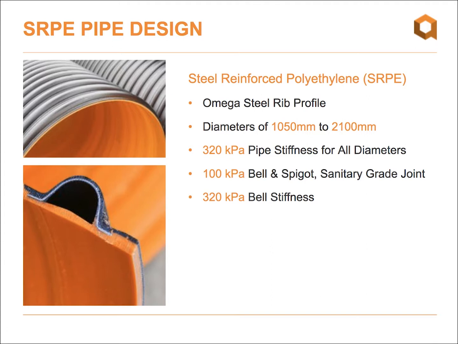So the bell gives you 320 kPa of stiffness. So simply by putting together your joint in the field, inserting a 320 kPa stiffness spigot into your bell, you've just created the strongest part of your pipeline at the location where it's most important, at the joint.